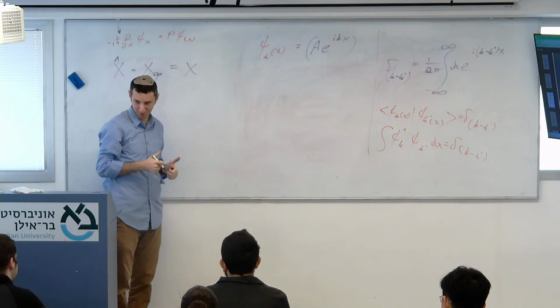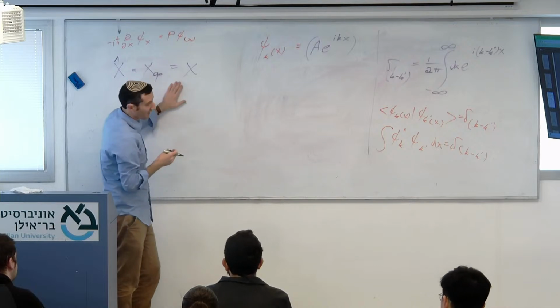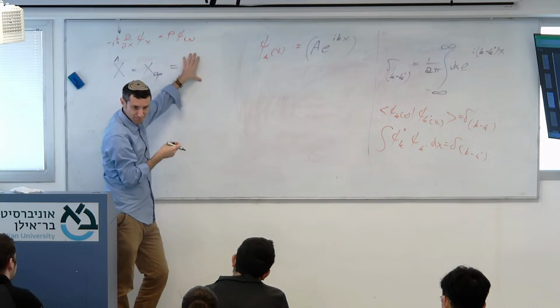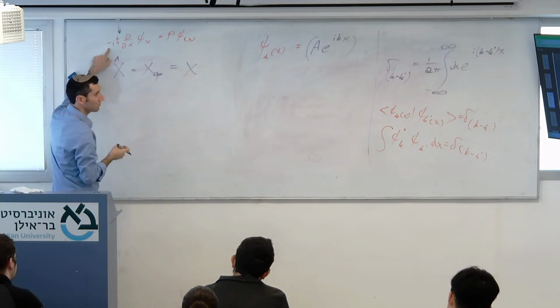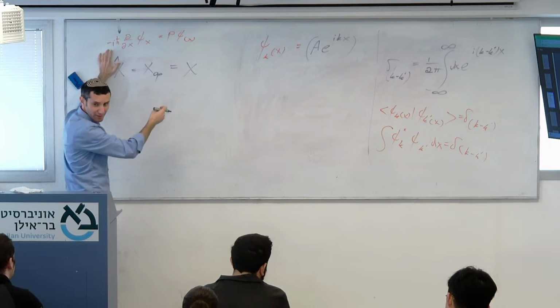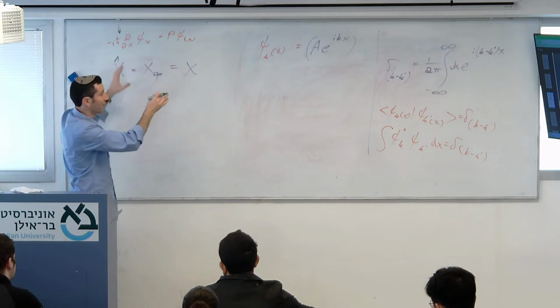You saw it in class already? Good. Class was yesterday. Okay, so you saw it in class. The position operator is simply x. Now we want to do an eigenvalue equation like that, an equation that just writes all the values like that.